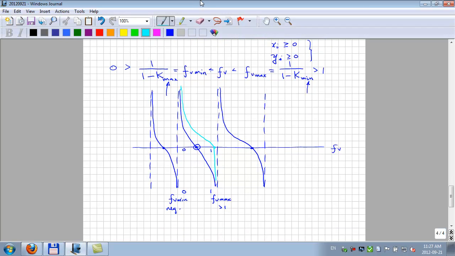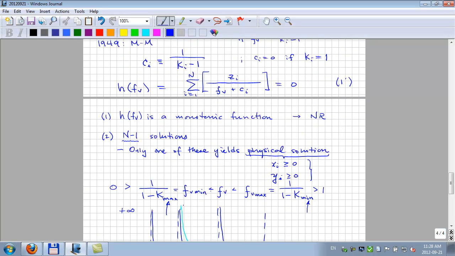Excuse me, this question may sound a little stupid. You just sketched the h function, yeah? This is h. And the range of it, between the minimum FV and maximum FV, the value of h goes from plus infinity to minus infinity. No, the range of FV. You sketch some h for values smaller than FV minimum.